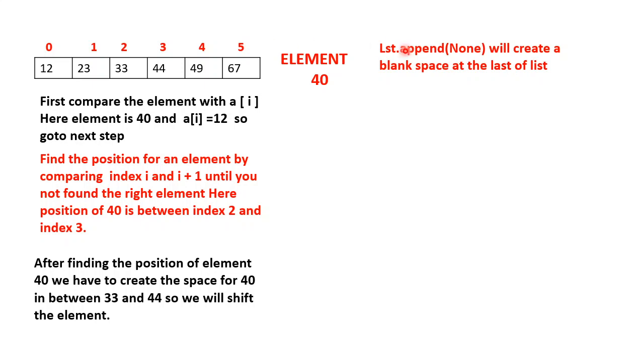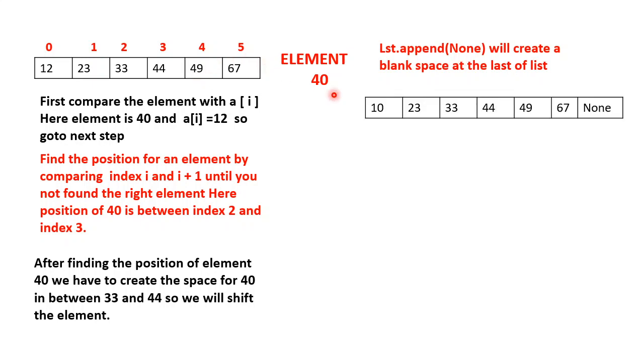First of all, we will append None at the end of the list, and after appending, our list will look like this: 10, 23, 33, 44, 49, 67 and None. This line will append None at the end. Okay, so now we have an extra node.